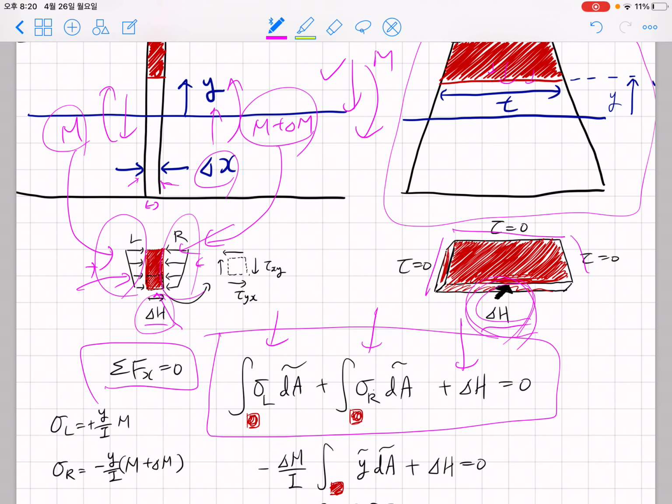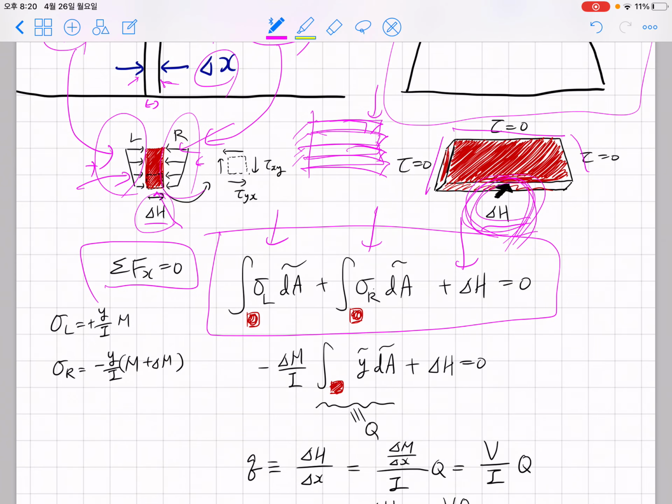Regarding the existence of delta H, we considered this example of a stack of thin films. Once we try to push this down without any adhesive, there is sliding, but with the adhesive there is no sliding, so we can realize that there must be a force in the x direction.